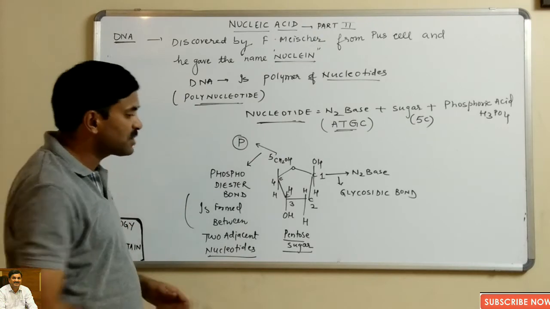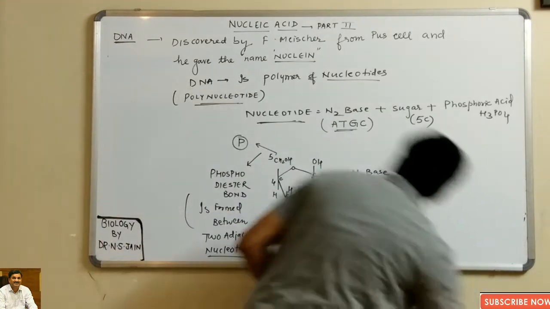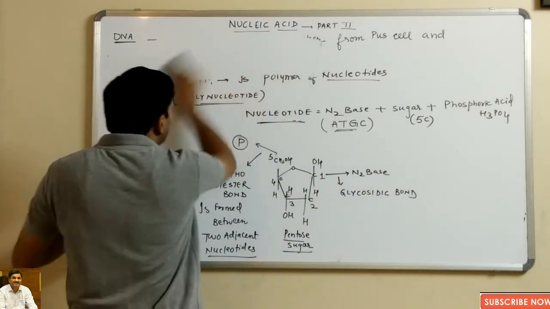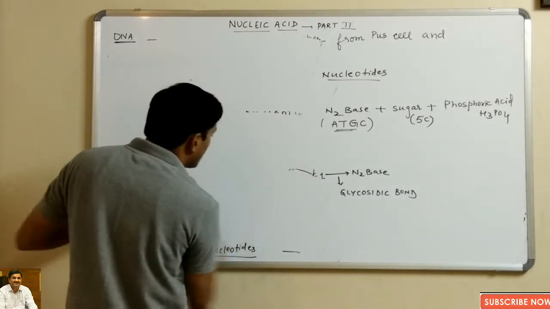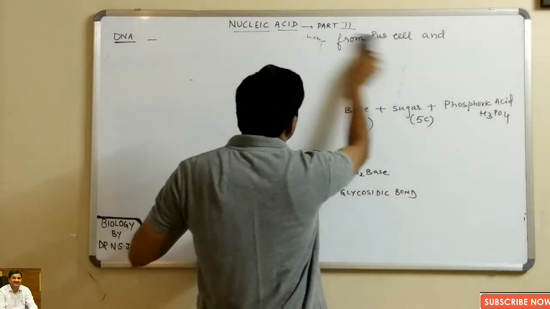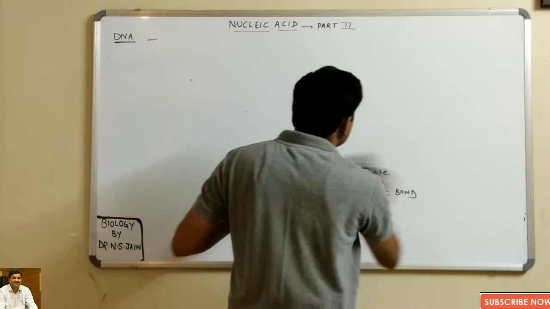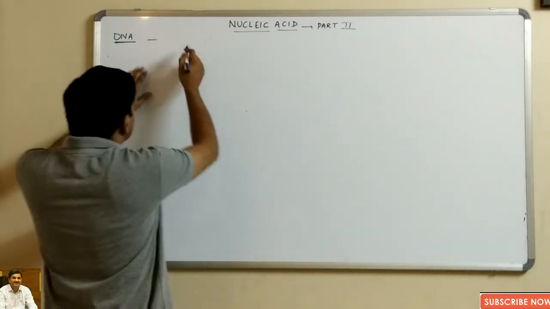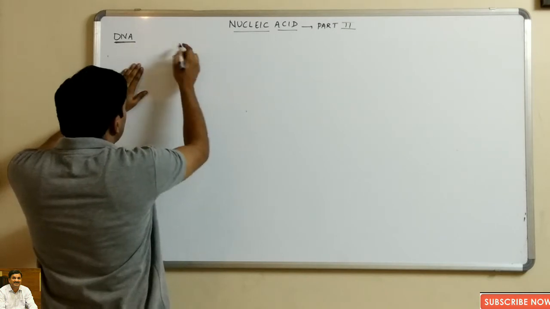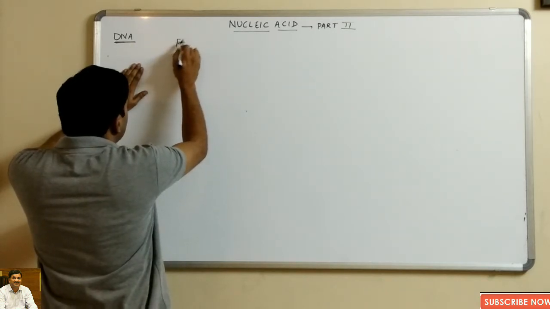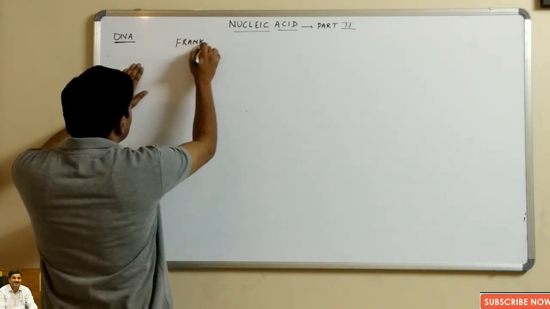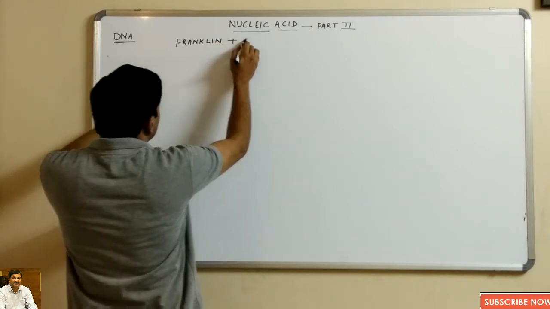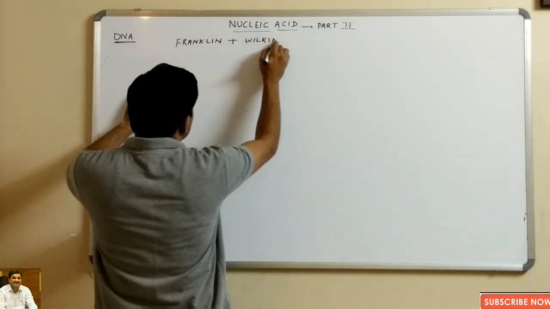Now let's have a discussion more on the DNA. When we are talking about the DNA, you must know about the properties of the DNA and other things also. There were the scientists known as Franklin and Wilkins.